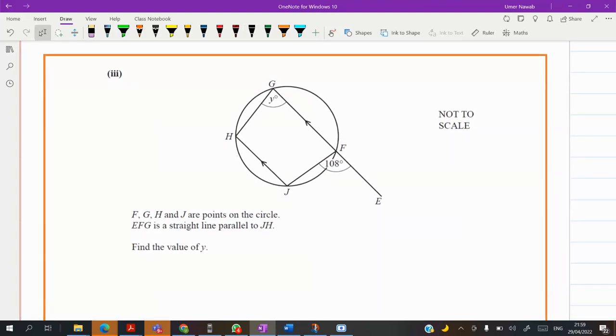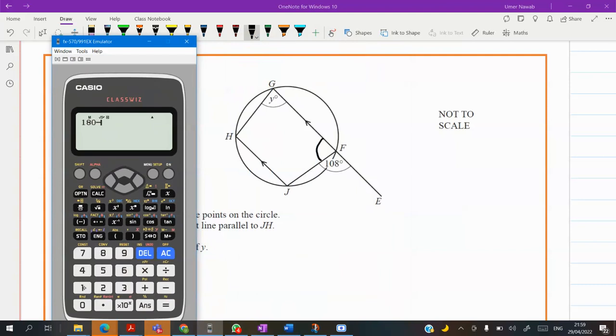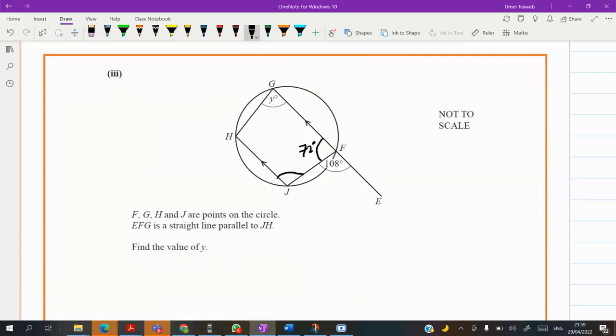Parallel lines are given. Be careful. First, I will try to find this angle: 180 minus 108, which is 72. I can also find this angle because in parallel lines, the concept is this. If you have two parallel lines, same side interior angles are supplementary.